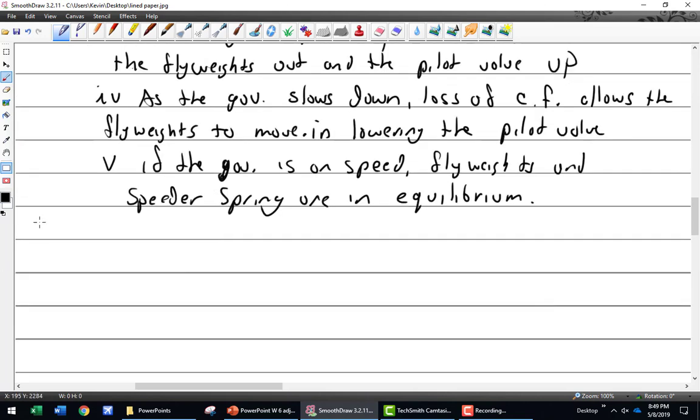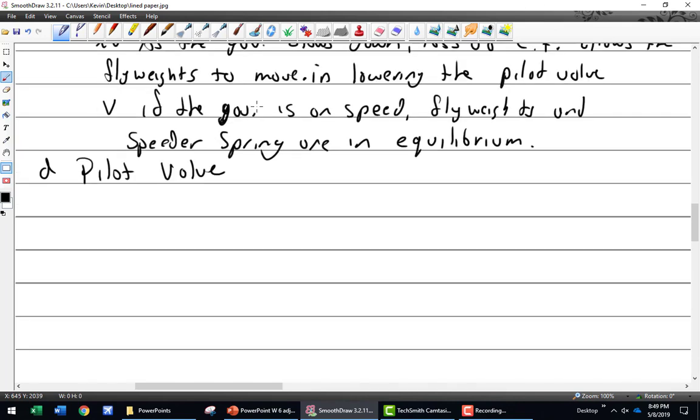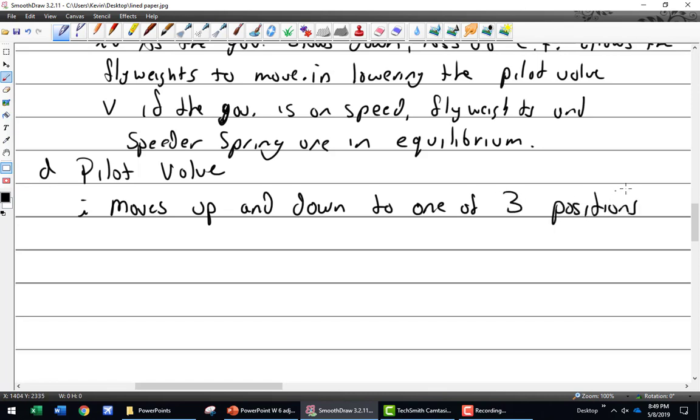All right, let's talk about that pilot valve. Moves up and down to one of three positions. So what are my three positions? Well, we're going to do a little different. Open, OP, wow, can't talk and write at the same time.